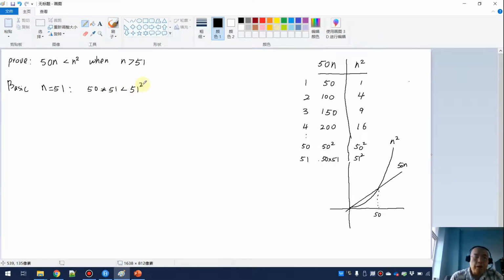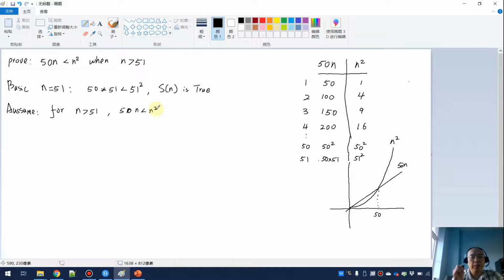So at this point, the statement is true. This is the basis part. Number two, we want to do the inductive hypothesis. We assume that for a specific n value greater than 51, 50n is indeed smaller than n squared.